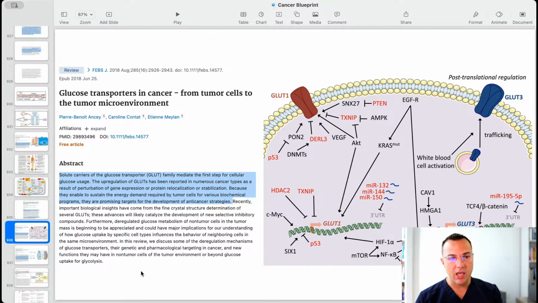Because they enable tumor cells to sustain the energy demand required for various biochemical programs, they are promising targets for development of anti-cancer strategies. So you can see it's becoming clearer as we go on in years in the literature that these are very important, likely targets for cancer treatment.